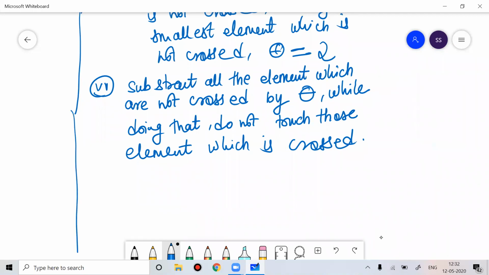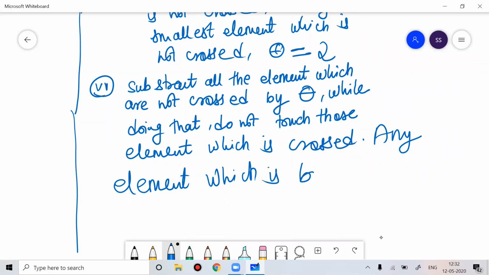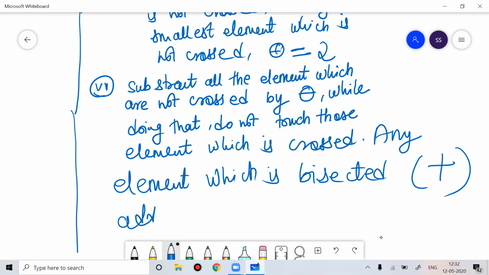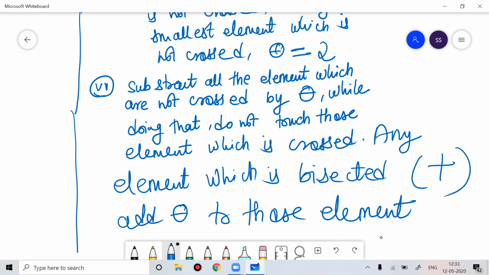Any element which is bisected like this, what you do is add theta to those elements.